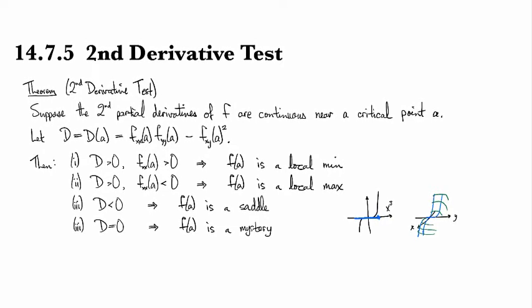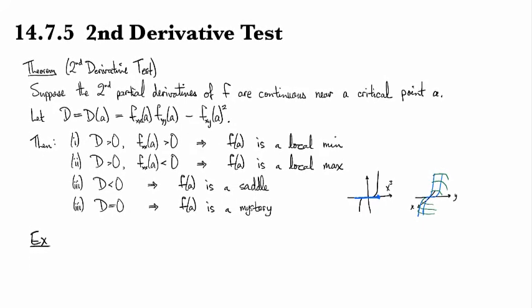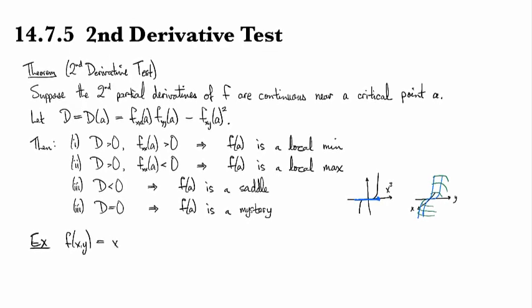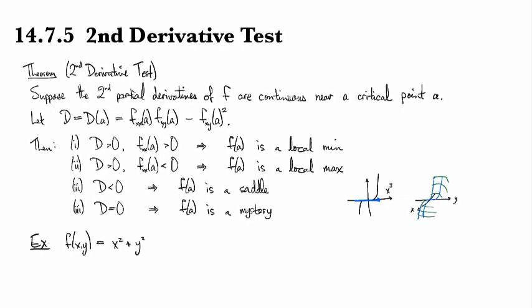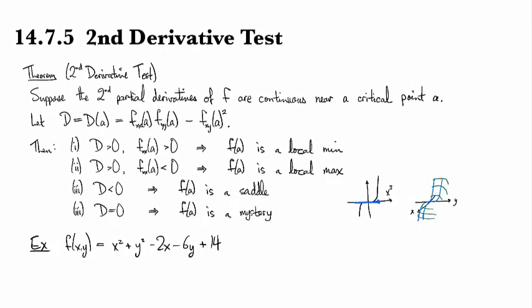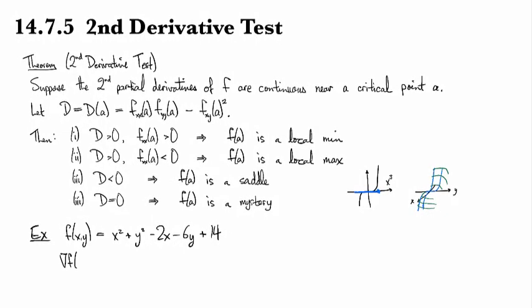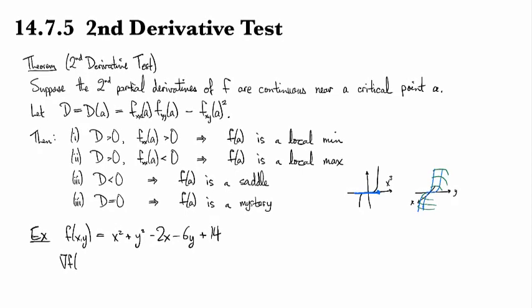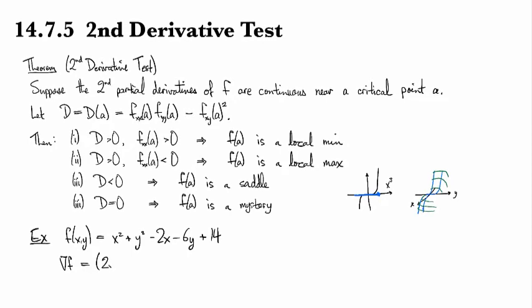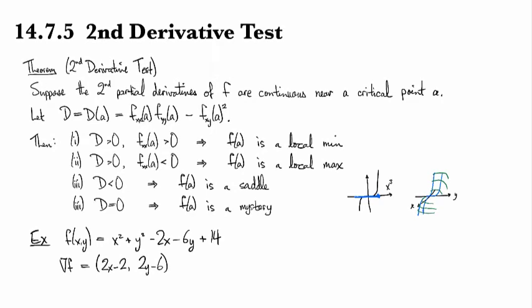To see how to use it, let's return to those examples that we just did in the previous clips. The first one was x squared plus y squared minus 2x minus 6y plus 14. In that one, we found that the gradient of f was 2x minus 2 and 2y minus 6.